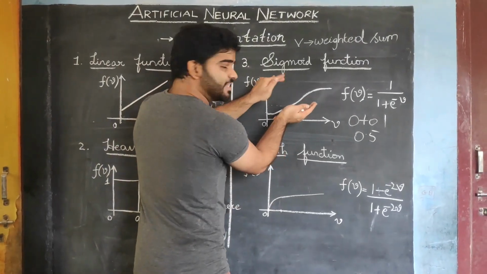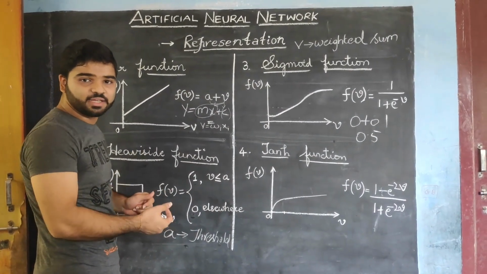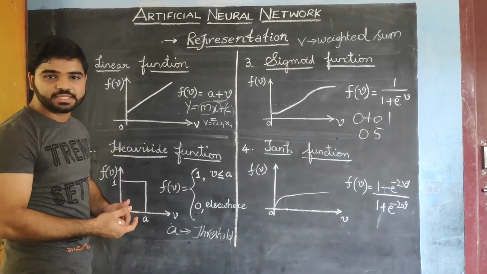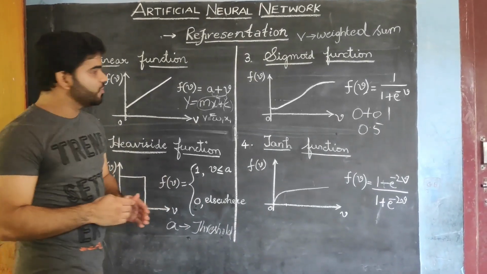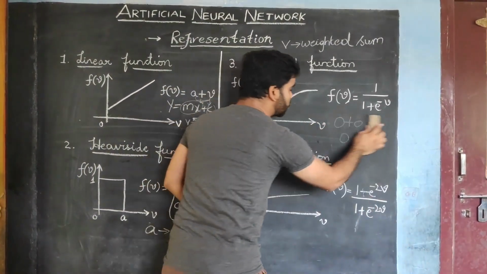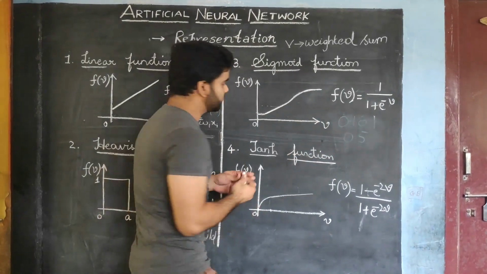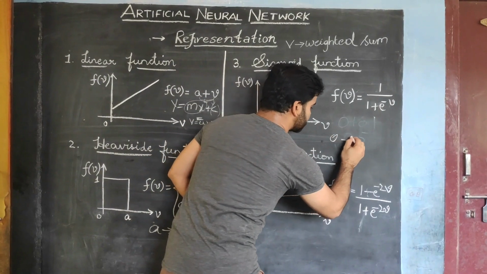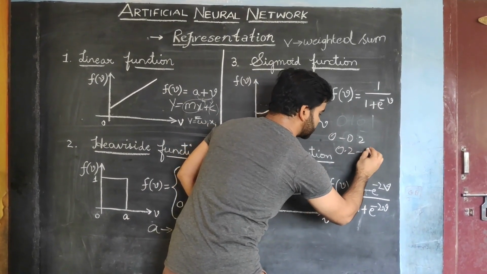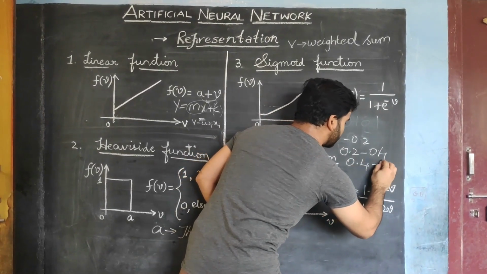Now, the difference between the sigmoid activation function and the Heaviside step function is that we can use the Heaviside function for binary classification, that is, consisting of two classes, whereas with sigmoid, we can divide this 0 to 1 into, for example, let us take 4 classes: 0 to 0.2, 0.2 to 0.4, 0.4 to some 1.